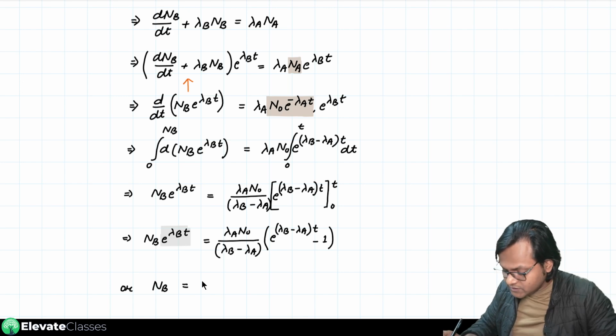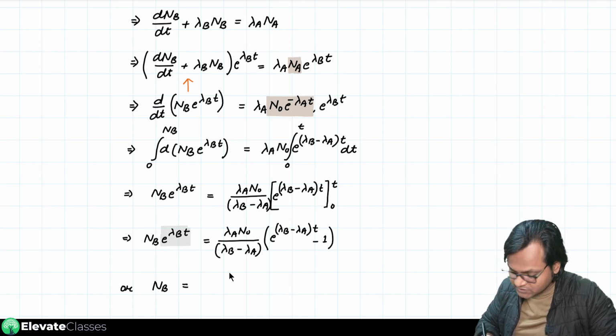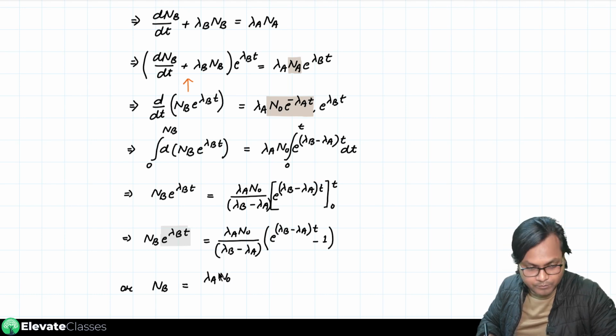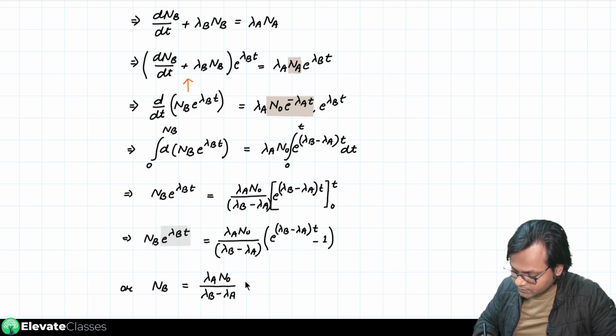So if I take this to the right, this expression simply becomes lambda A N naught upon (lambda B minus lambda A), and then here I have e to the power minus lambda B t.